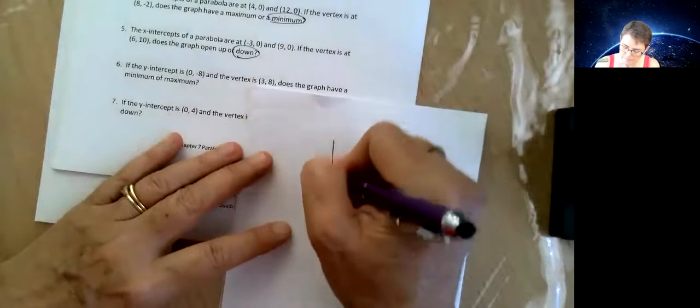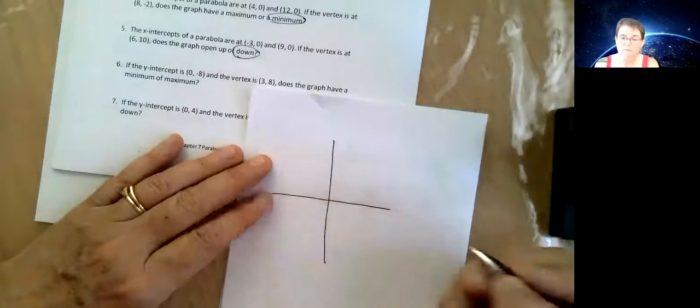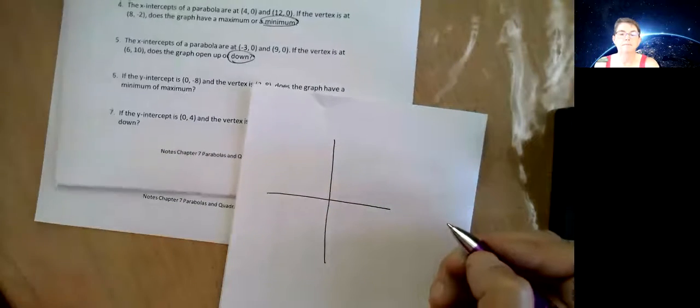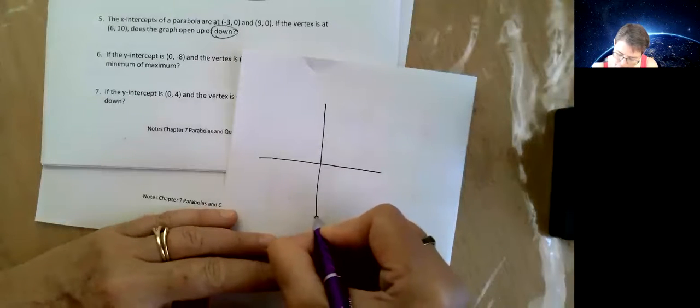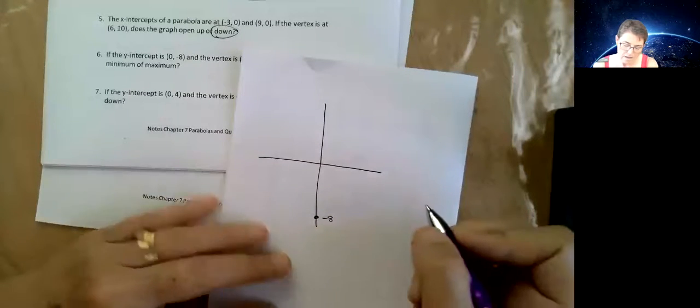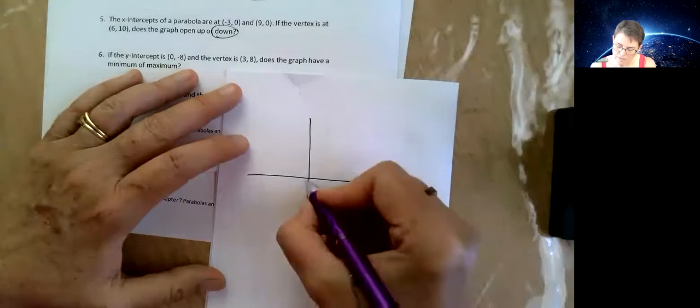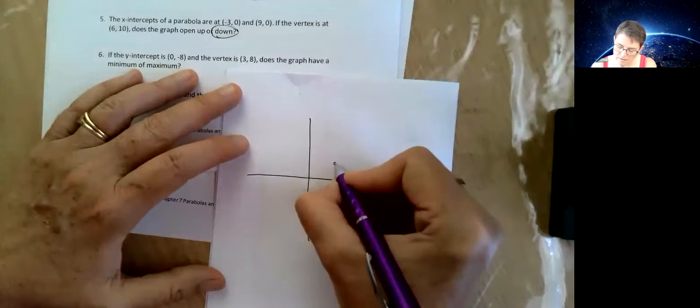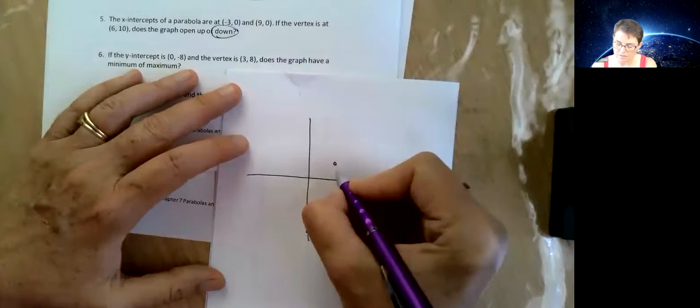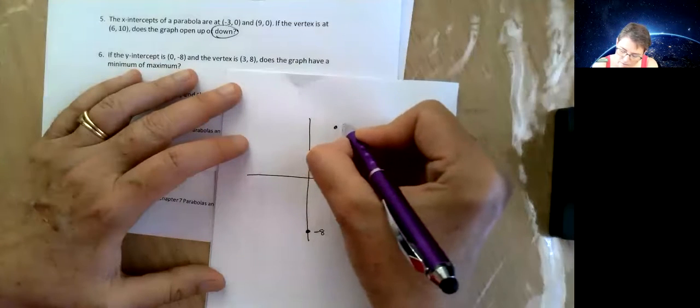All right, we get the y-intercept this time. The y-intercept is 0 and -8, and the vertex is at 3 and 8. 3 over, 8 up should be about there.